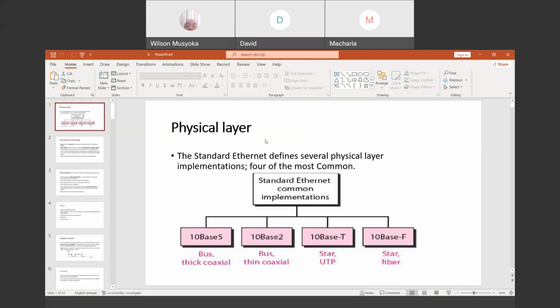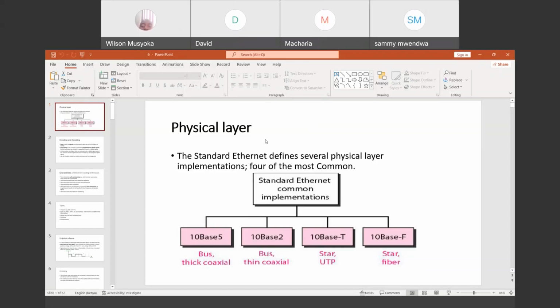So our purpose for today's class is to understand how the physical layer behaves, or how it is normally represented. At the physical layer, another thing to note is that you can have the physical layer represented by the physical connections, or it can be represented by the wireless connection.